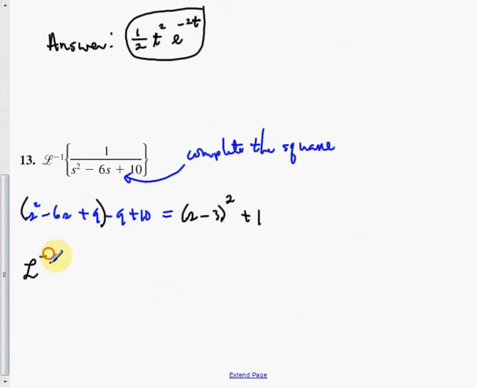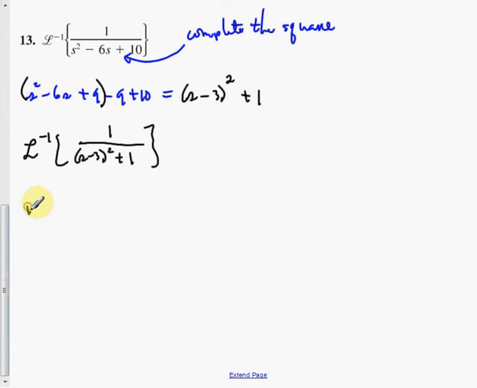So I have the inverse of 1 over s minus 3 squared plus 1. Again, 2 things that I want to be able to see. I see the inverse of 1 over s minus 3. That's e to the 3t. I also see the Laplace transform of sine of t.